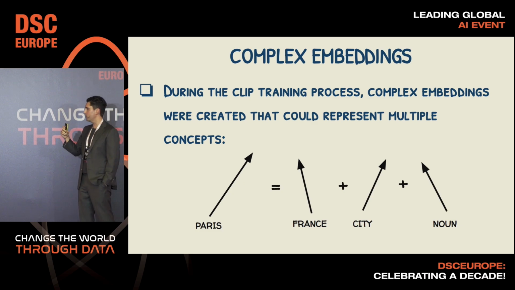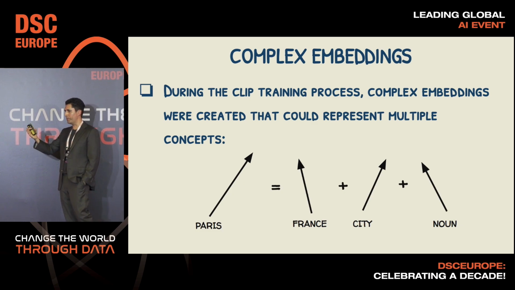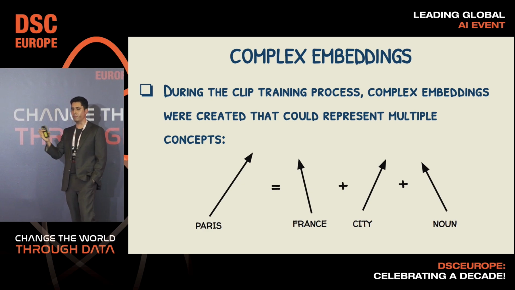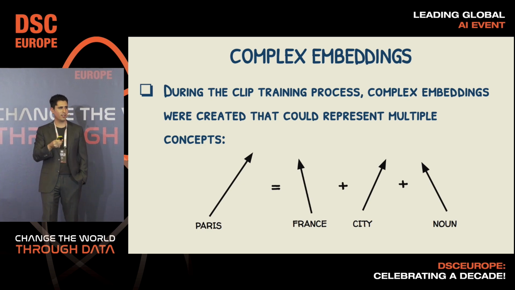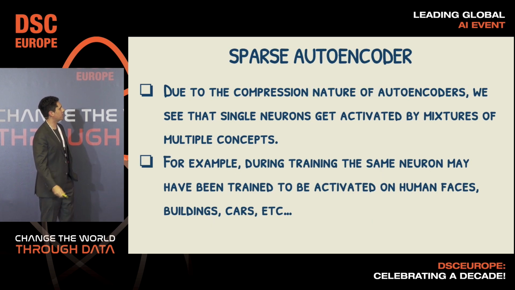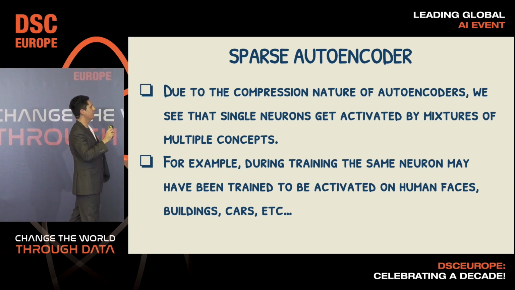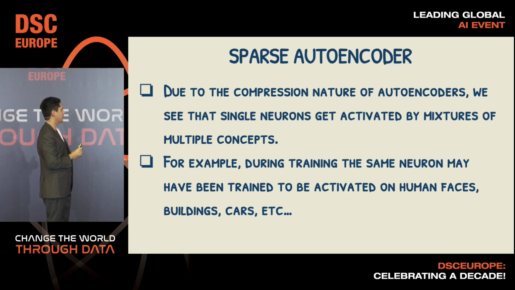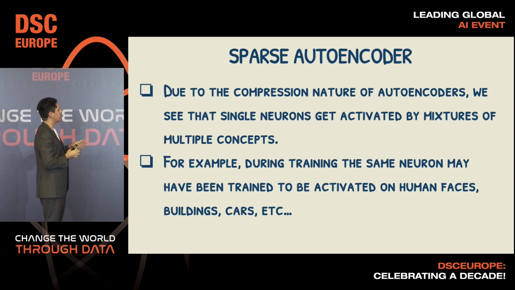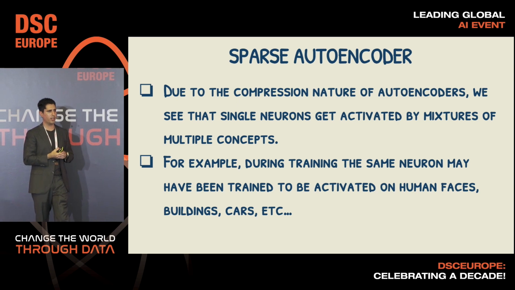But unfortunately for you, as a human, it's really hard just to look at a weight or a particular set of neurons and be like, oh yeah, that's clearly the sum in the latent space. We just don't think like that. So this is where the idea of a sparse autoencoder comes into play. Remember, you have this compression nature of these autoencoders, and we see that single neurons get activated by mixtures of multiple concepts.